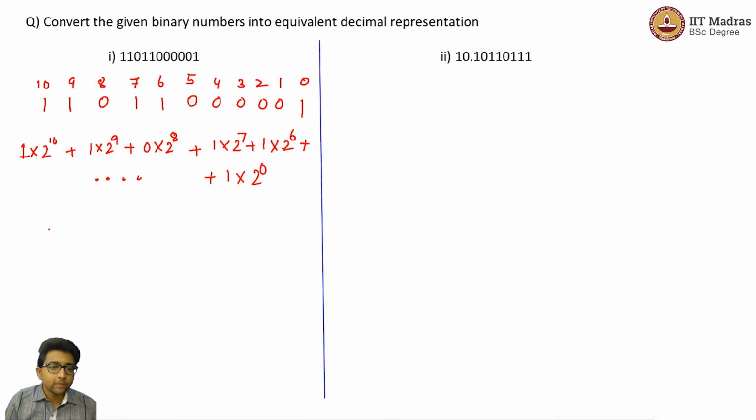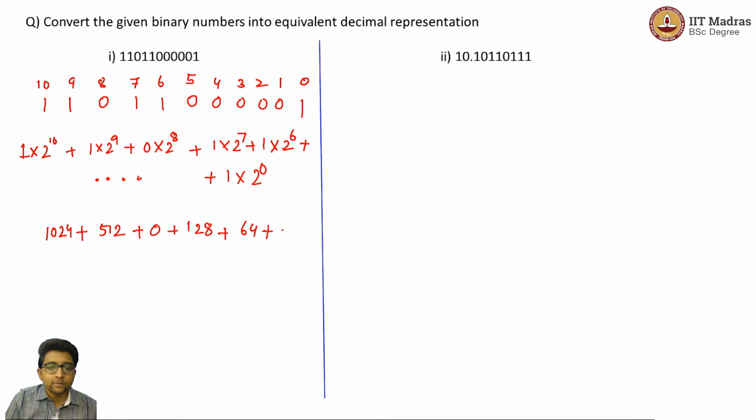Now just put the value of 2 to the power 10. You can do it on your calculator and this value will come to 1024. So 1024 into 1 will be 1024, plus 2 to the power 9 is 512 into 1 is 512, plus 0 into anything will be 0, plus 2 to the power 7 is 128, 2 to the power 6 is 64 into 1.